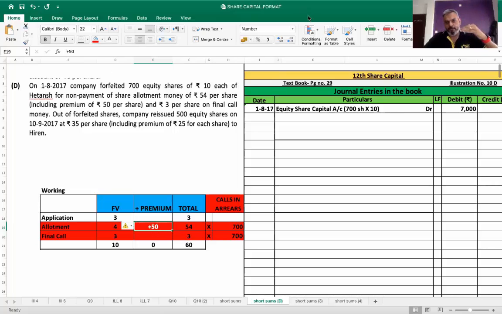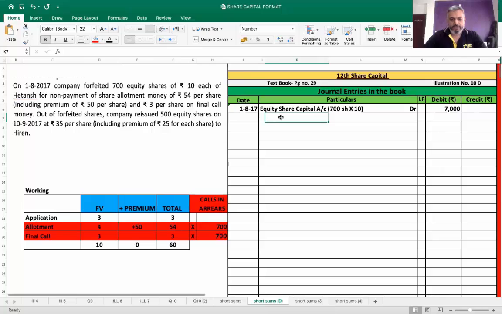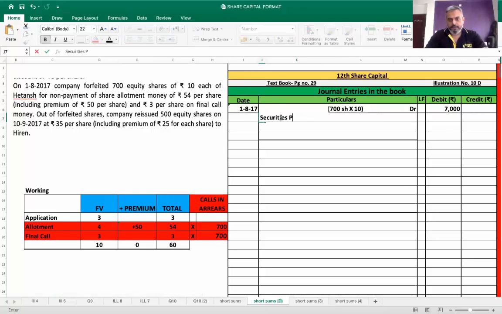That means we credited to our premium account, but we did not receive the money. So securities premium account needs to be reversed. So we have to debit. So next is securities premium account, that is 700 shares into 50 rupees. Debit 35,000.